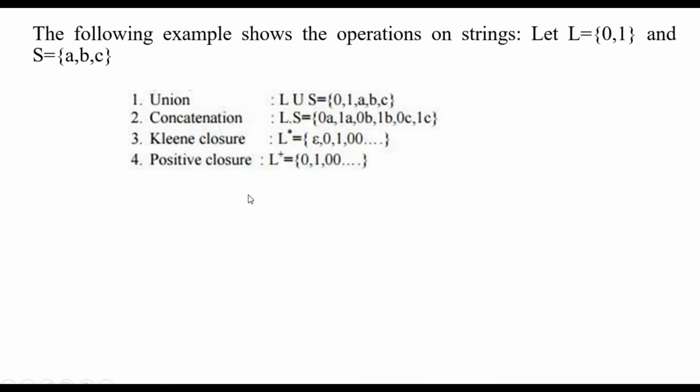Next is Kleene closure. What is Kleene closure? It means 0 or more occurrences of the given set. 0 occurrences means empty. It is denoted by L star, where L is a given language. So what are the values in this set?